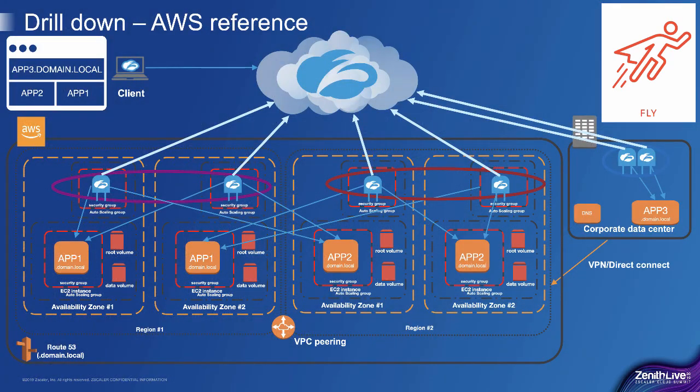So let's just think about how we build that reference architecture. Again, what we're showing is a bit of an eye chart, but here I've got my corporate data center on the right. I've got my AWS VPCs. I've got Route 53 for my DNS in AWS.